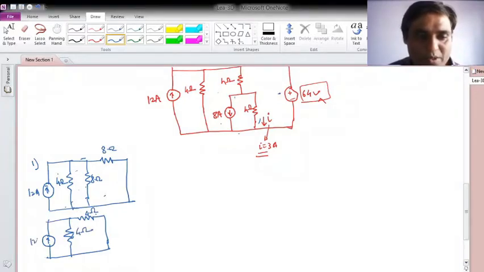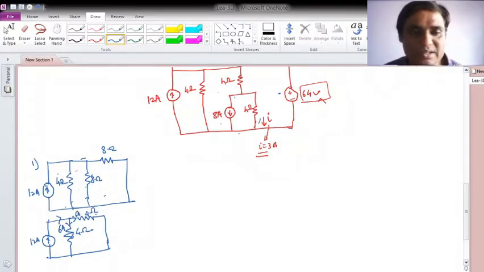This is 12 ampere, right? Now this current will be divided into two branches, one here and one here. As I observe the resistances are the same, so the division will be the same, that is 6 ampere and 6 ampere.